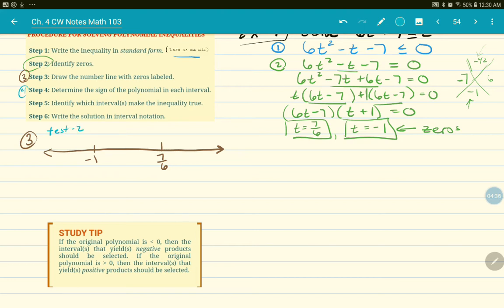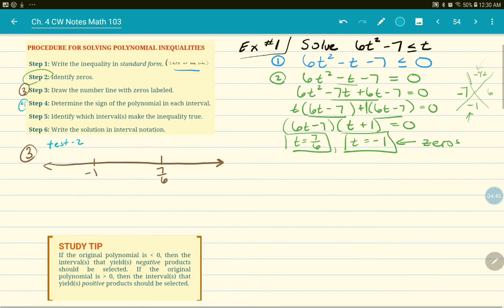I'm going to use the factored form to plug things in, and that's the easiest way to do it. I don't really care what the value is if I plug in negative 2. I just care if it's positive or negative.